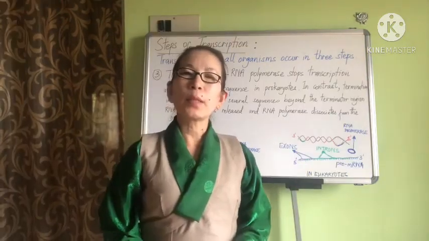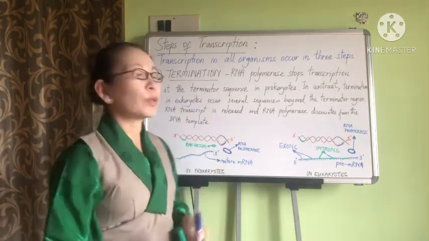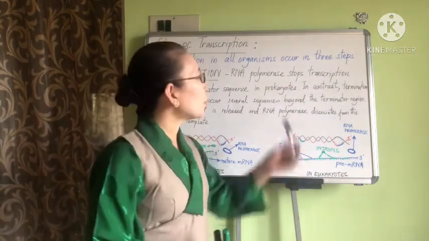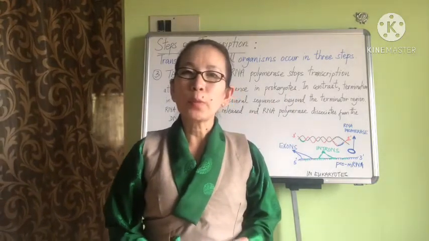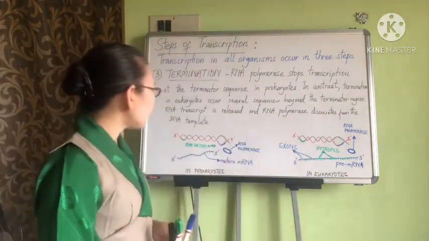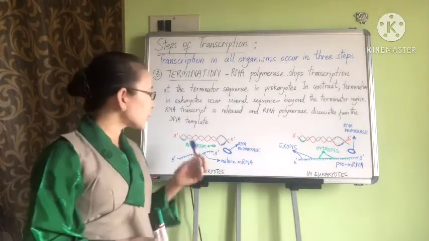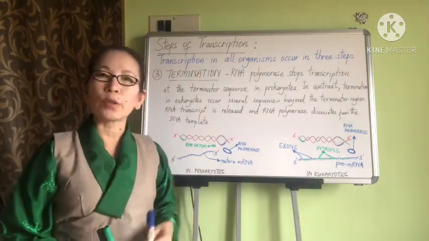The third and last step of transcription is termination. During termination, RNA polymerase stops transcribing RNA from the DNA template strand. In prokaryotes, termination can be mediated by a protein called Rho factor, which binds to the RNA transcript.